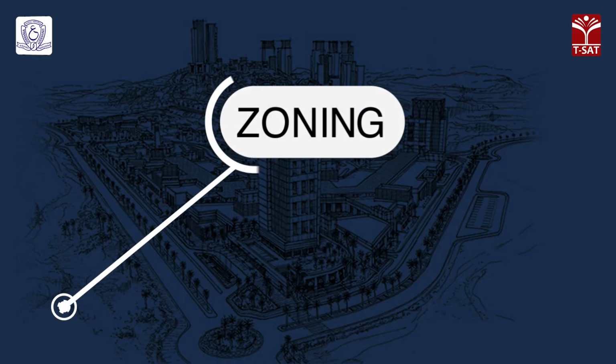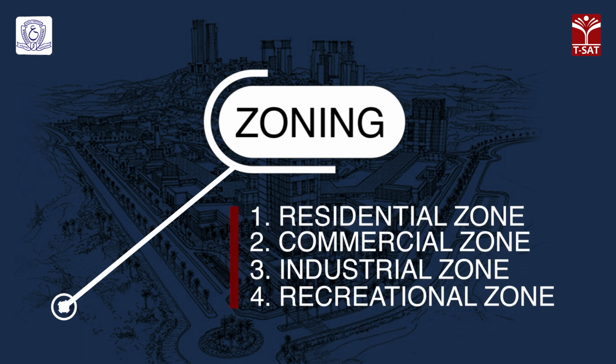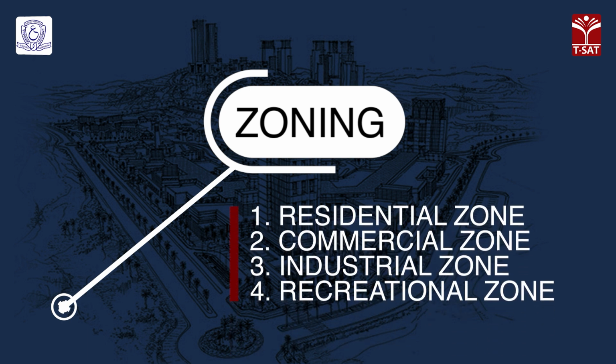Use zoning defines the uses to which various parts of the town will be put. They are broadly classified into 4 subdivisions. Firstly, residential zone. Secondly, commercial zone. Thirdly, industrial zone. And fourthly, the recreational zone.